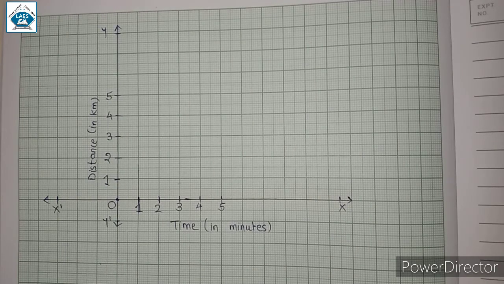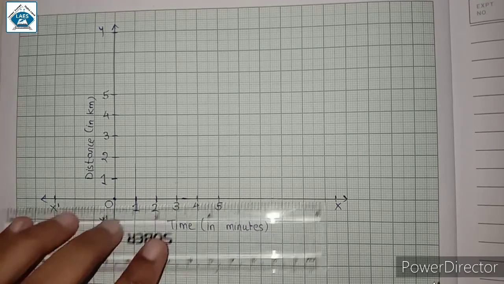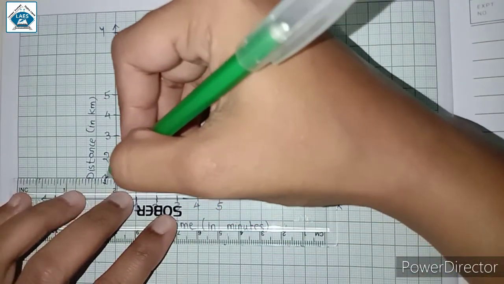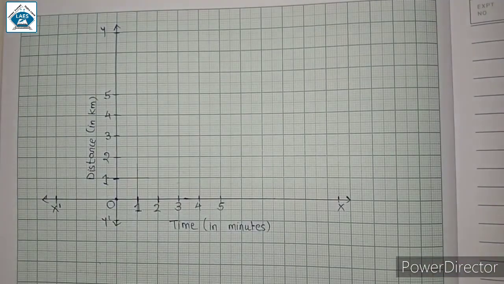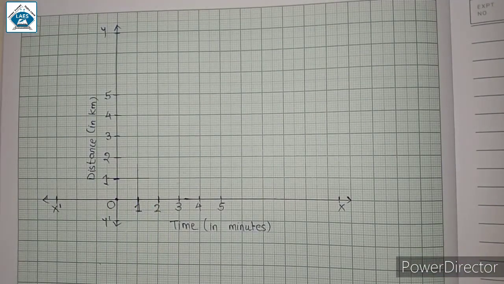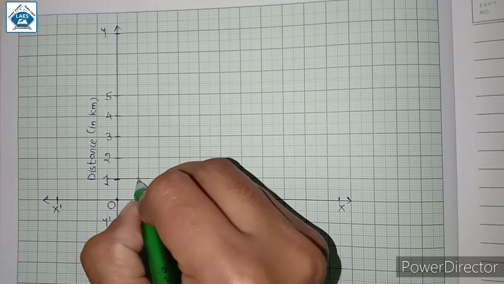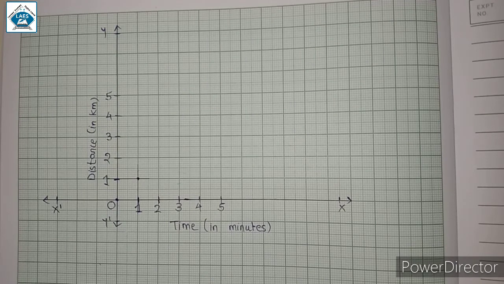Next, how much distance does this cover? It covers a distance of 1 kilometer. सो हम लोग यहाँ पर एक दूसरा लाइन ड्रॉ करेंगे जो एक्स एक्सिस के पैरेलल होगा और जो इस पॉइंट से पास होता होगा. The point where these two lines intersect represents the set of values on the graph. That is, यहाँ पर जो है this point, this is the point of intersection. What does this represent? This represent 1 minute, 1 kilometer.